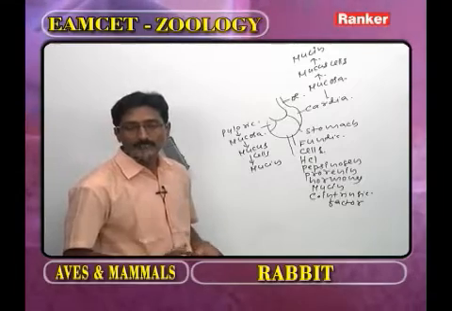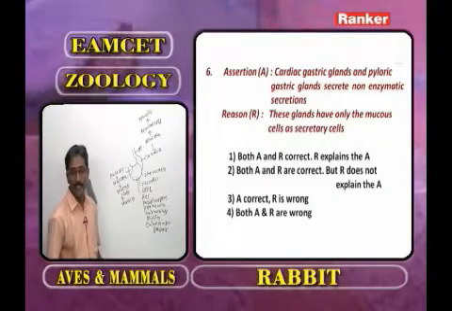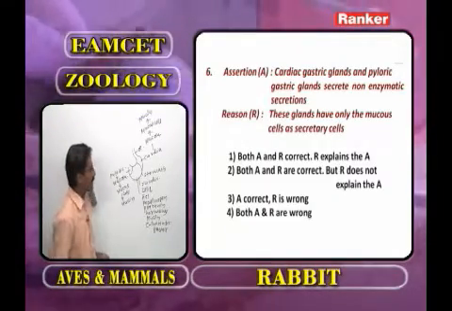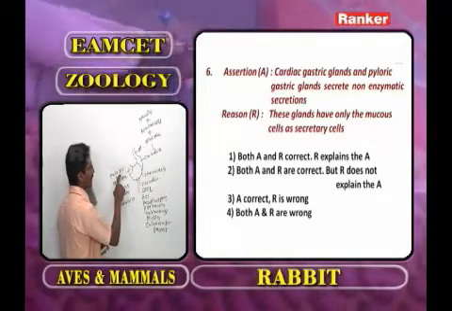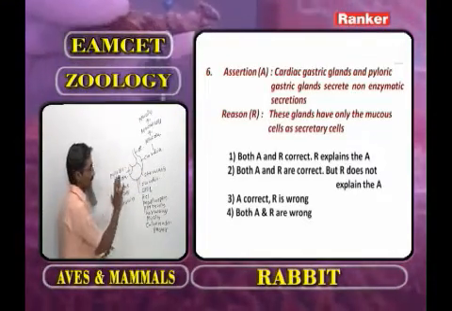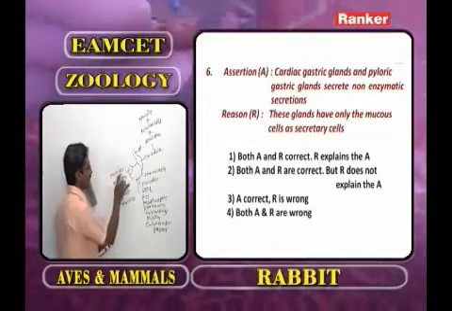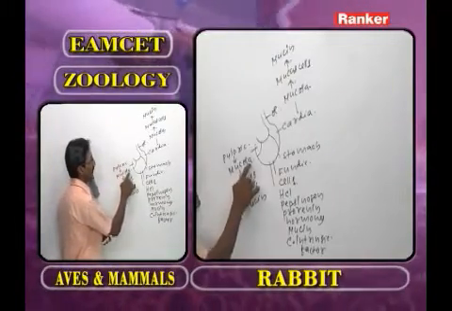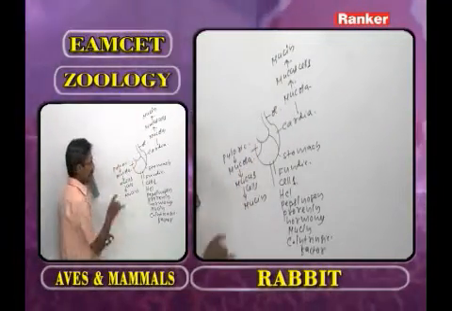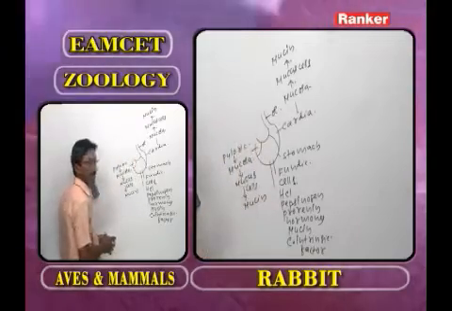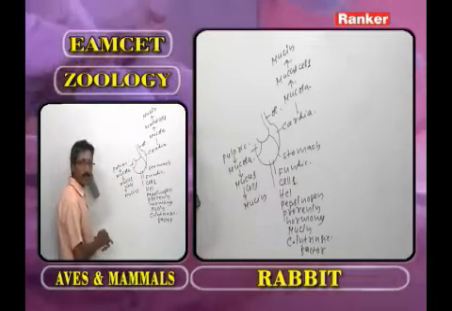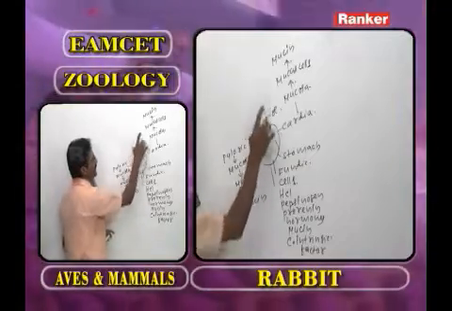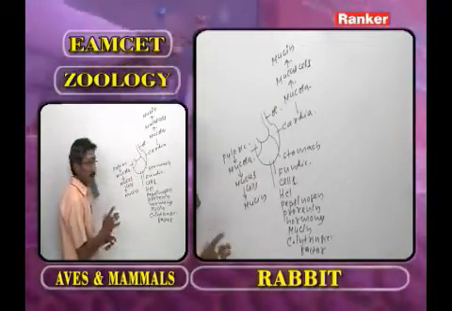Regarding the assertion, in the cardiac stomach as well as in the pyloric stomach, the gastric glands are present. Where are gastric glands present? In the mucosa. In the pyloric and cardiac stomach, the gastric glands have only mucus cells, which secrete the mucin.